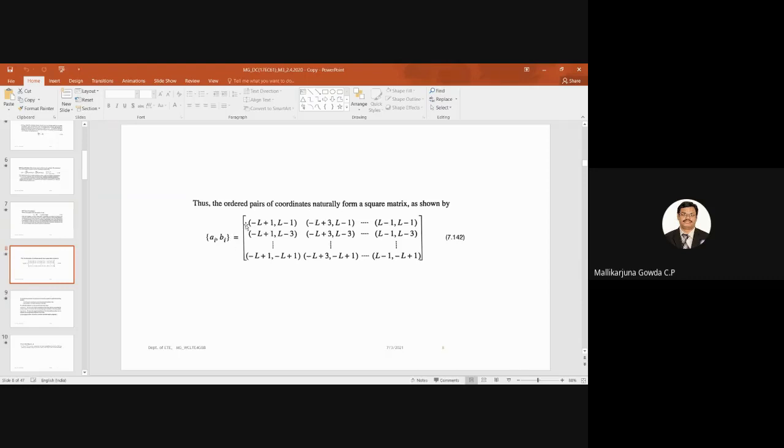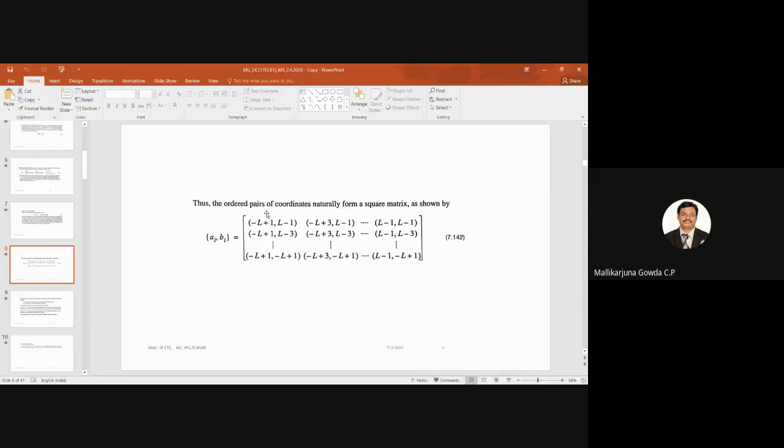Which can vary from minus L plus 1 to L minus 1. If I say vertical axis, horizontally, that is from minus L plus 1 comma L minus 1 to L minus 1 comma L minus 1.